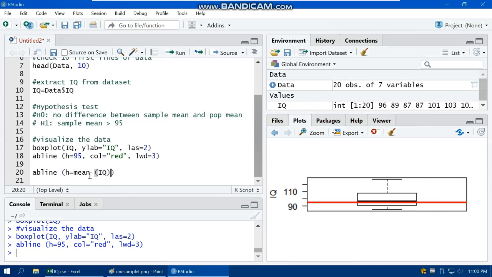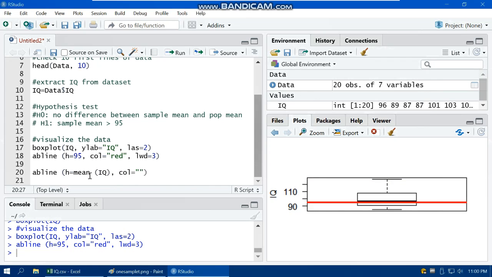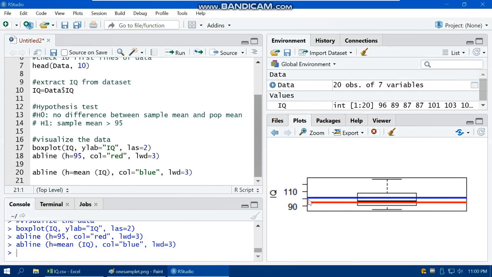I can add a horizontal line with the value of the mean of IQ and the color blue, and line width of 3. Okay, so this is the sample mean, which was more than 100, right?